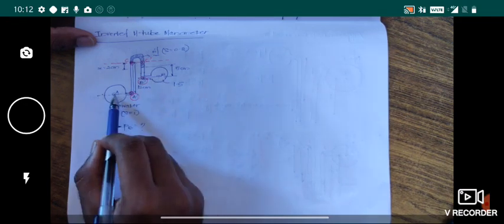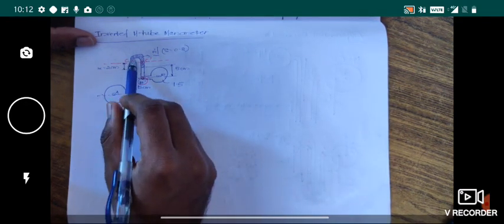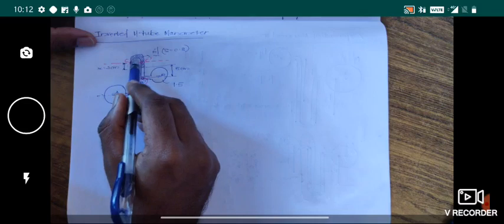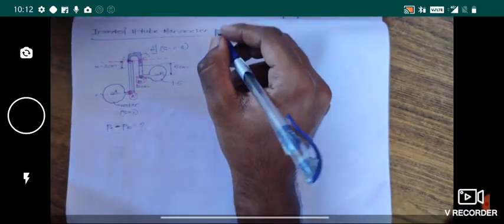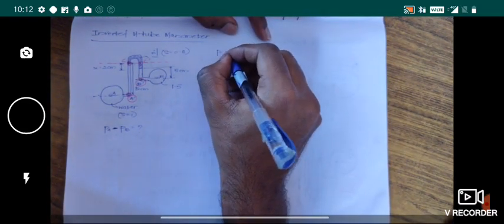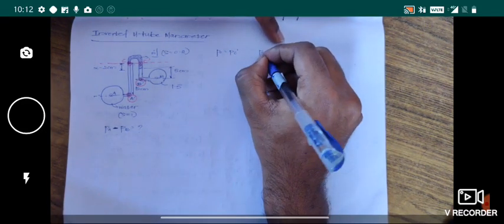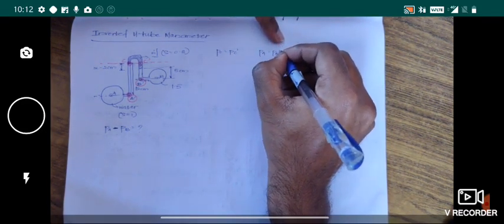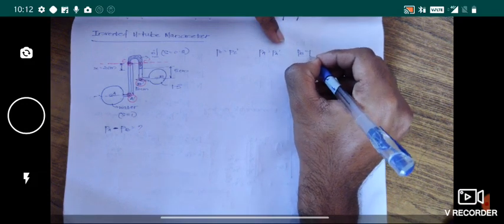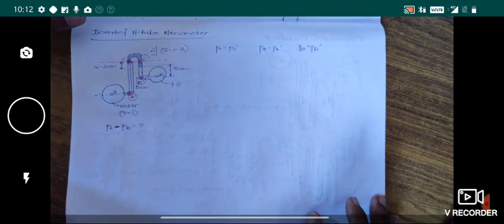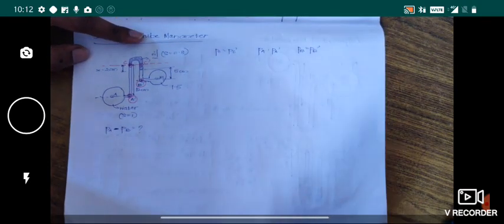It is continuous, there is no breaking in between. From C to C dash there is no breaking. So you can say that PC is equal to PC dash, PA is equal to PA dash, and PB is equal to PB dash. There's no issues. So this is what you can write.